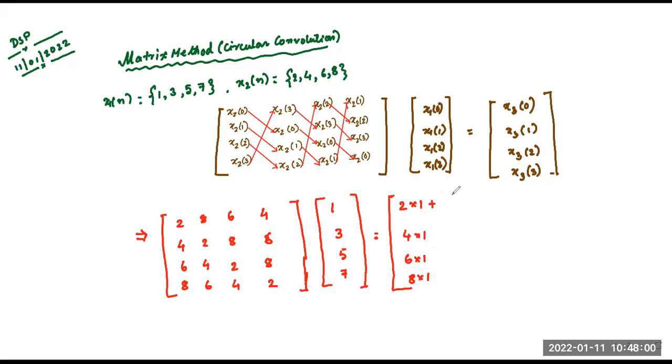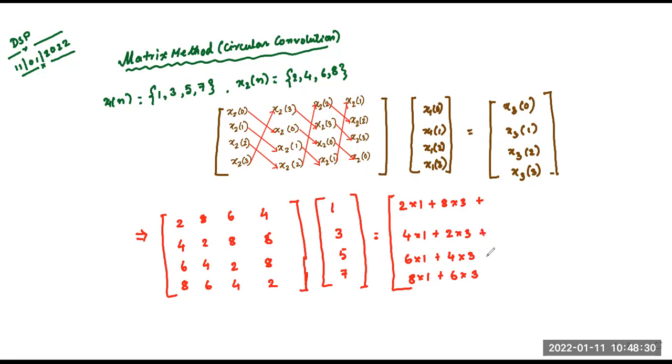Next will be what? 8, 2, 4, 6. What will this be multiplied by? 3, 3, 3, and then 3.